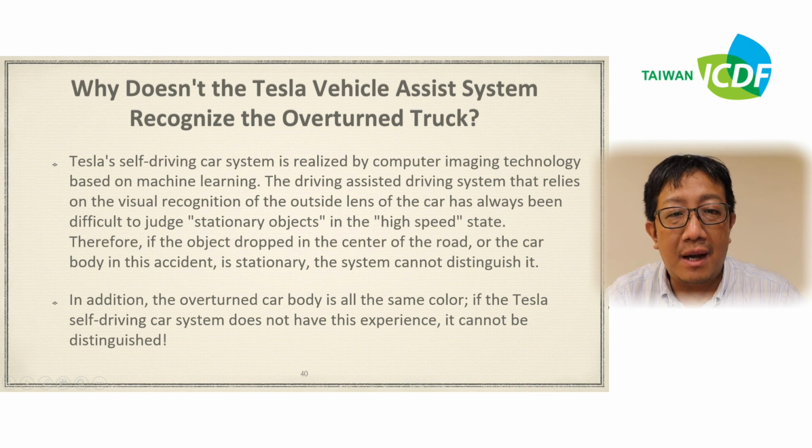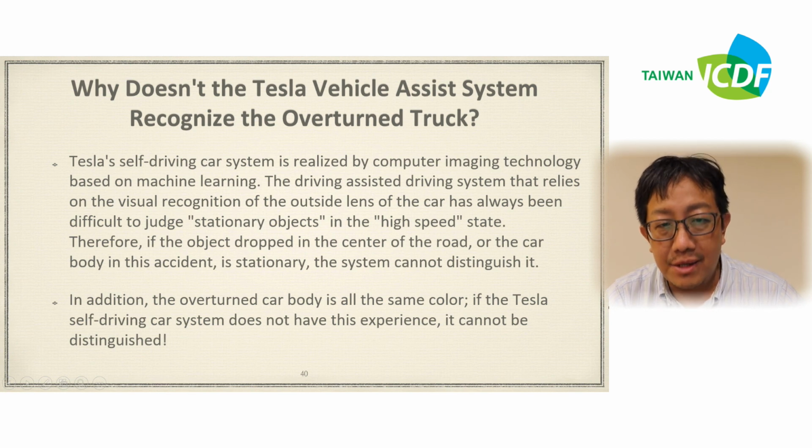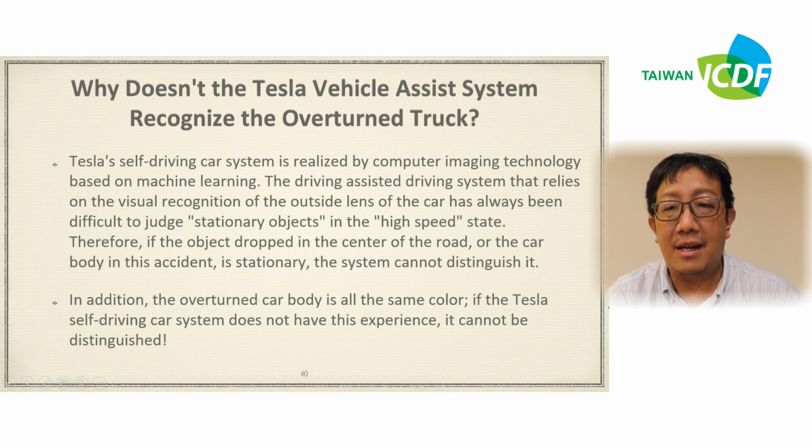Therefore, if an object dropped in the center of the road, or the car body in the accident is stationary, the system cannot distinguish it. In addition, the overturned car body is all in the same color. If the Tesla self-driving system doesn't have the experience, it will not distinguish it.